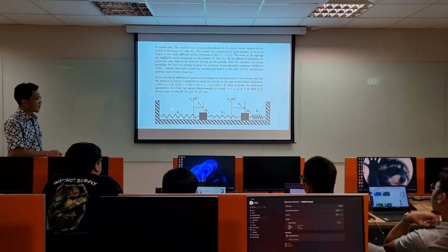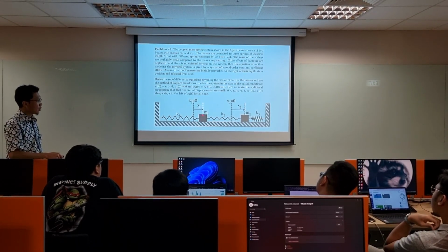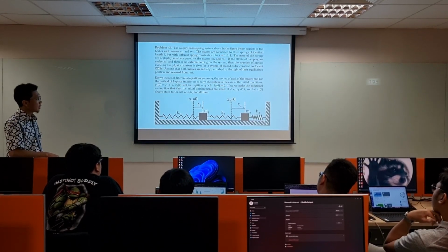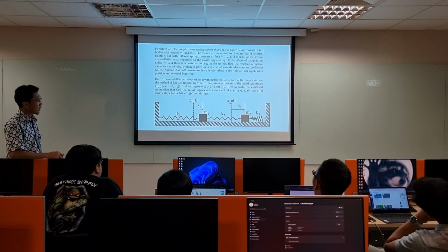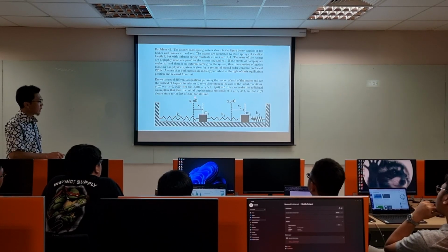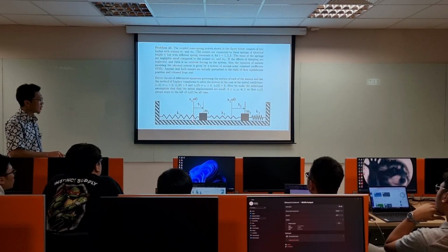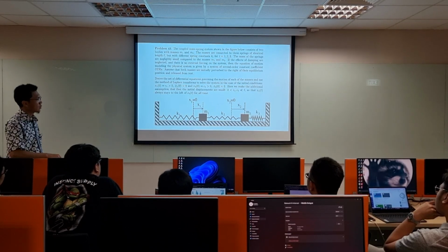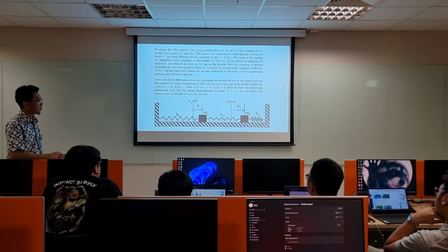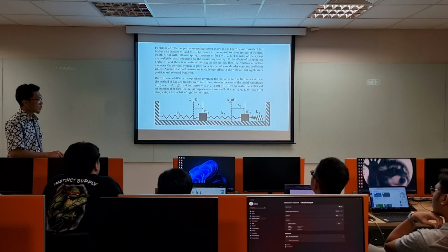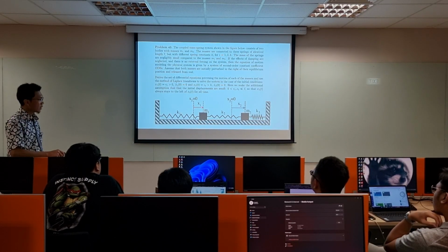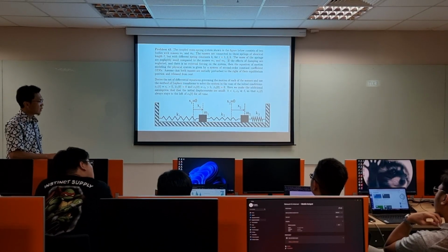In the figure, you have two block masses, M1 and M2. You see here x1 equal to 0 is at this point, so there is a reference point for x1, and this is a reference point for x2. There is a displacement of x1 given here and x2 given there.